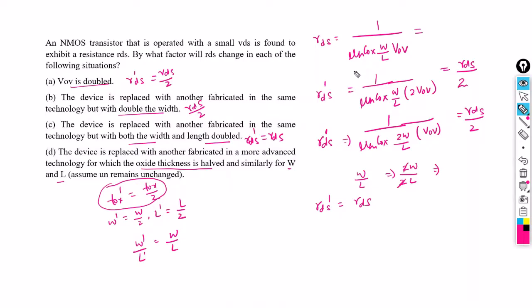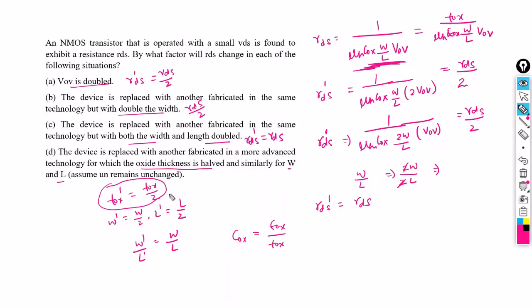But in this equation, as you can see, we do not have any TOX, but we know one formula. This COX, oxide capacitance, can be represented as permittivity of oxide divided by oxide thickness. So now we have to put this formula into our original RDS resistance, and we can represent RDS now as 1 upon mu n EOX W by L VOV, with TOX in the denominator of EOX by TOX.